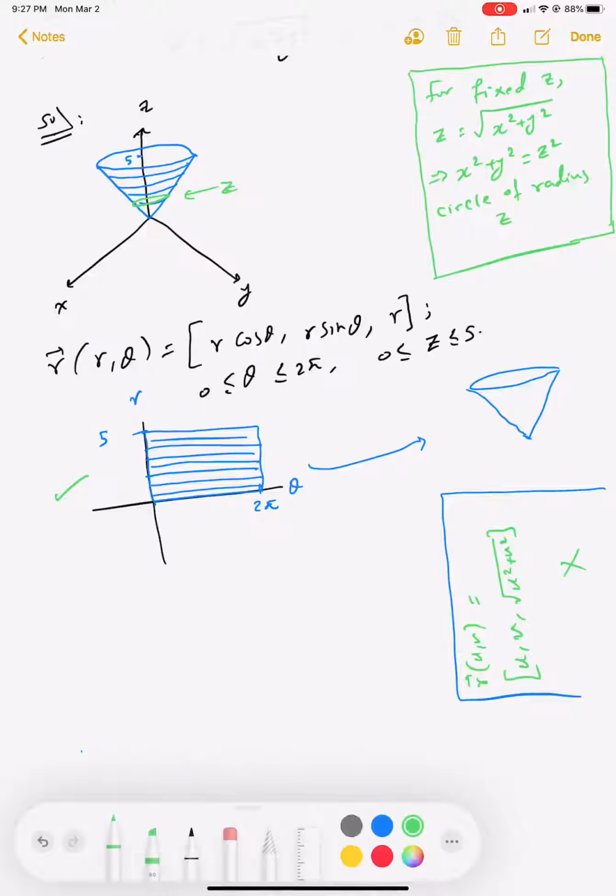Why? How can we tell if my parameterization is really the best?